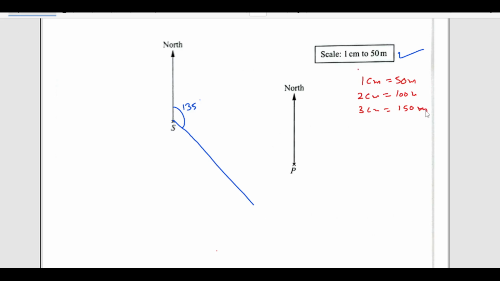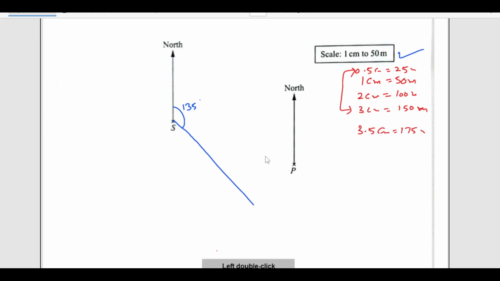If I divide this, 0.5 centimeter will represent 25 meters. So to make it 175, we are going to add this and this, right? So this is 3.5, so 3.5 centimeters will be equal to 175 meters.